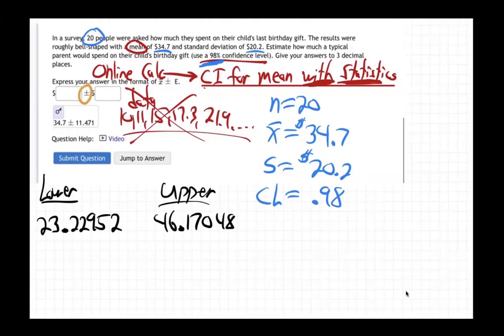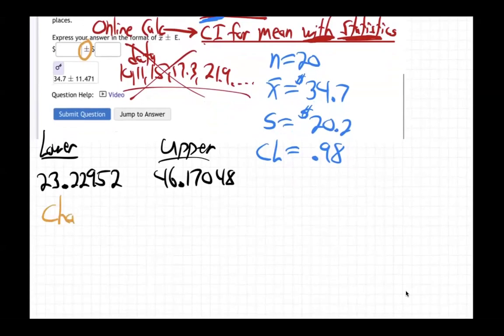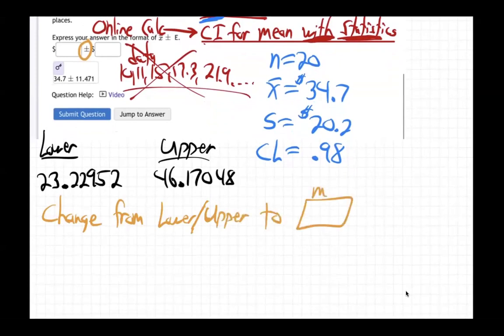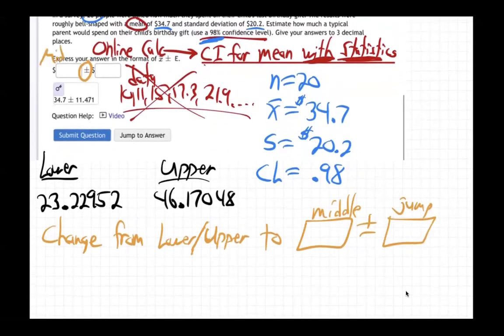So we have to change from lower and upper, which is how the online calculator gives the answer, to what? Middle plus or minus jump. That's what they want. Right here is going to go the number in the middle, and right here is going to go the jump. So that's what they want.